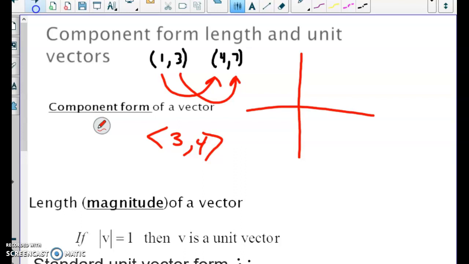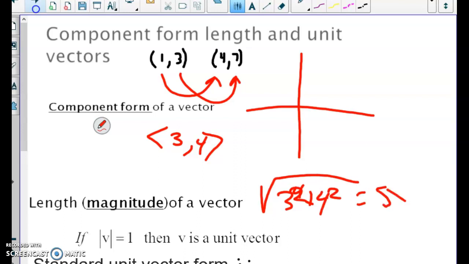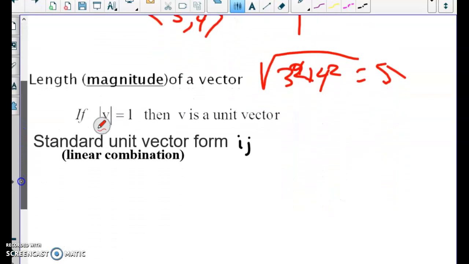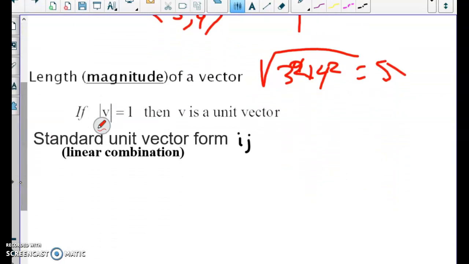To find the magnitude of that, again, we would just do the square root of 3 squared plus 4 squared, which gives me 5. So that vector would be 5 units long. If I want to write that as a standard unit vector, we would write that as 3i plus 4j.